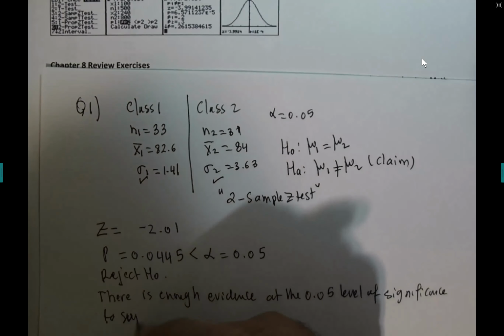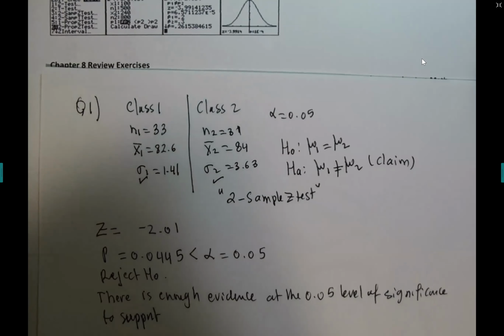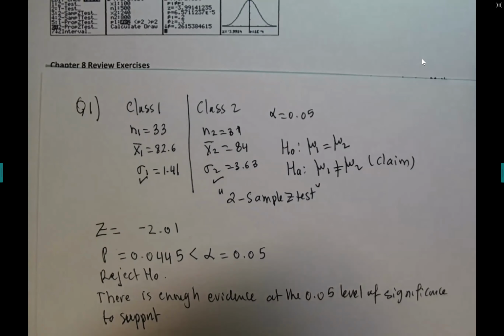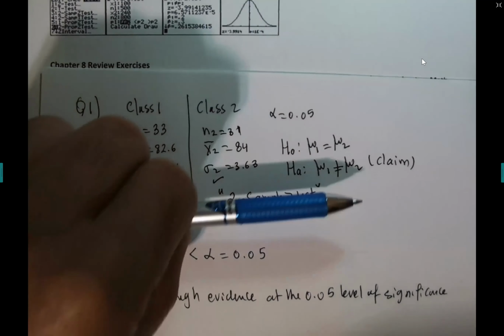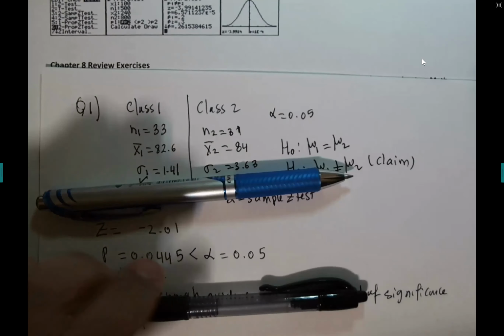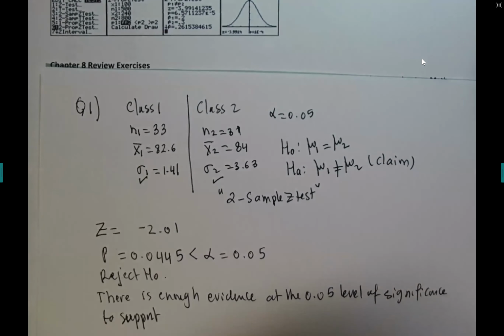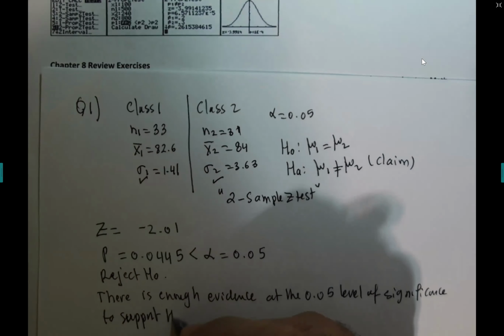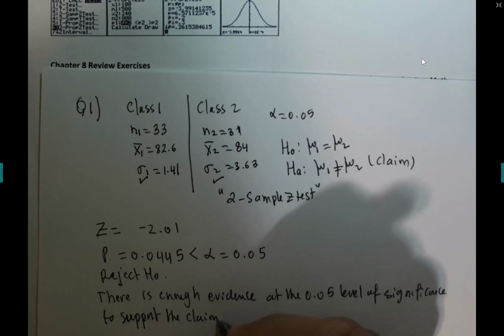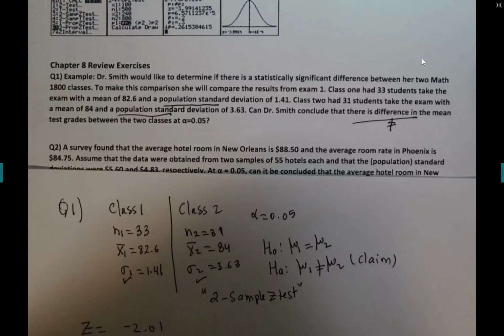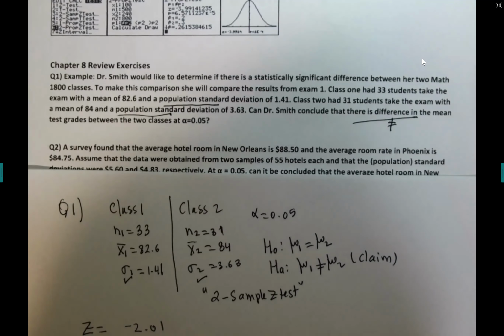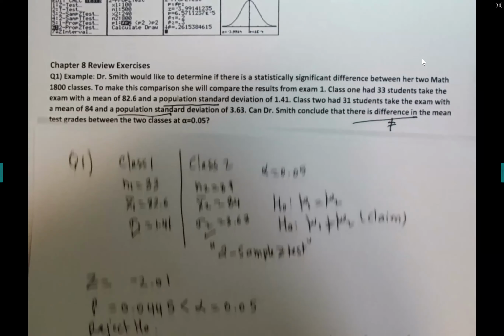Correct. Agree? There is enough evidence at the 0.05 level because we rejected H0, we support the claim when it is in HA. Remember, guys, this is H0 and this is HA. You reject this, you support that automatically to support the claim. And what is the claim if you just want to write it down? That there is a difference in the mean test grades between the two classes.